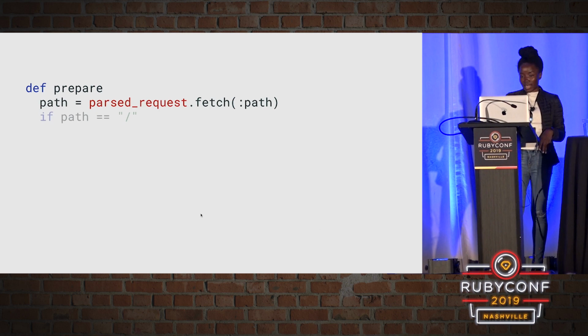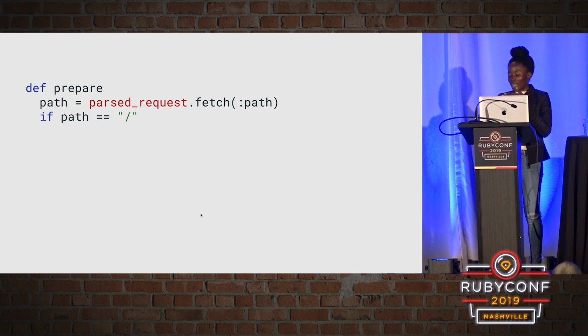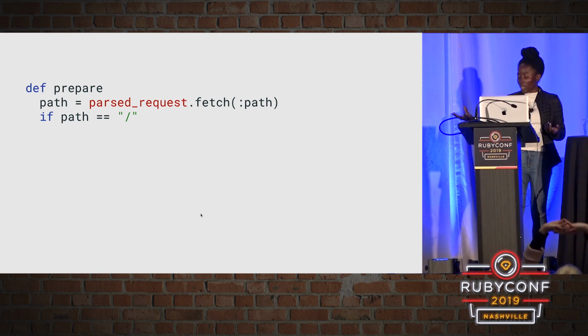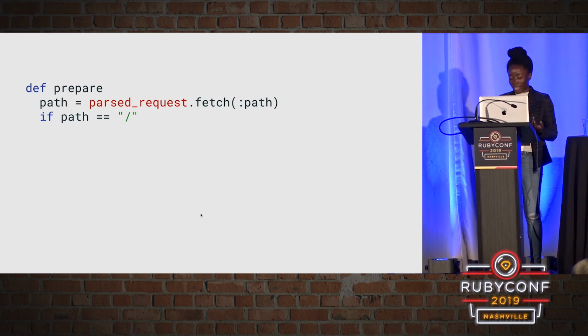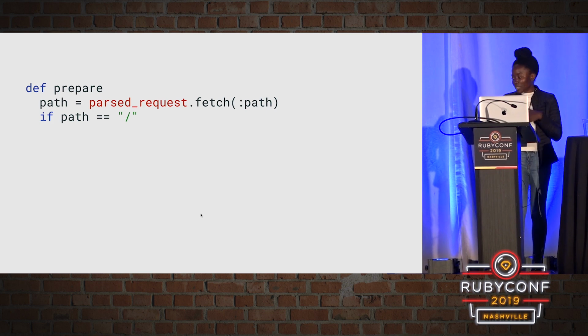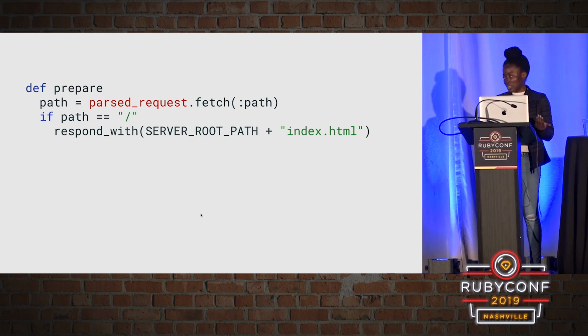To do that, I have this method that essentially assigns the path by using our request and fetching the path that's there, and the third line checks if the path is the home directory, using the /. We respond with the server root path and the index.html.